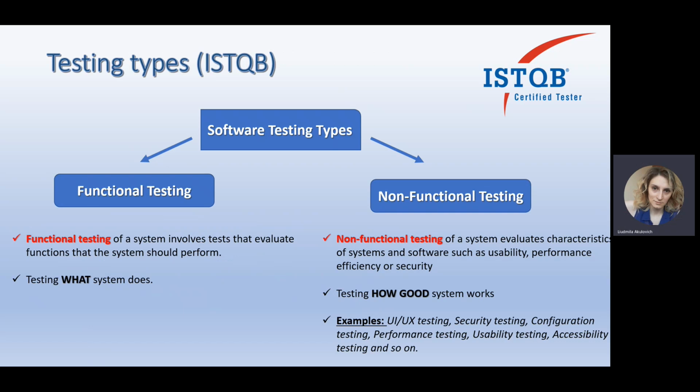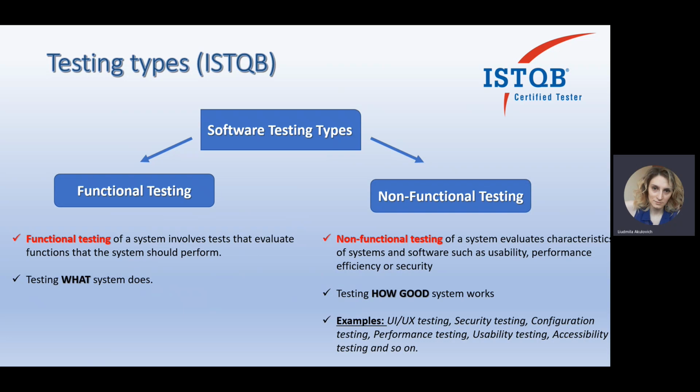So, the main division is pretty usual for you, I suppose. That's the division into functional testing and non-functional testing. One more time, functional testing is aimed to test functions, features that the system should perform. So functional testing is actually testing what the system does.